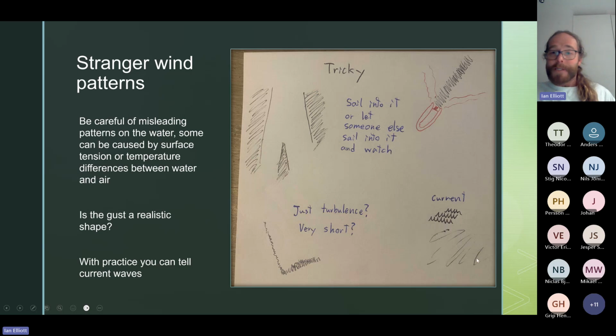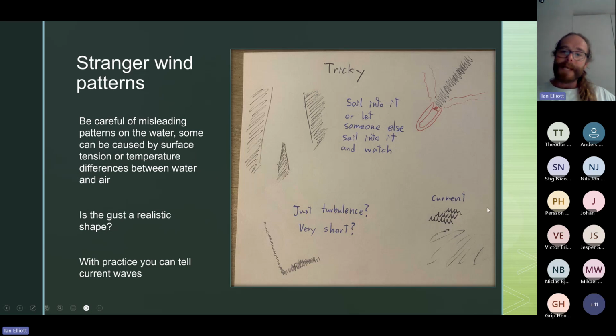But when you're sailing upwind, it doesn't really matter that much. If you sail into a choppy patch of water, it's either more wind or it's upwind current. Either way, it's good. If you sail into a calm patch, it's either water moving downwind or it's less wind. It doesn't matter. But if you round the windward mark, it's really important to tell them apart.